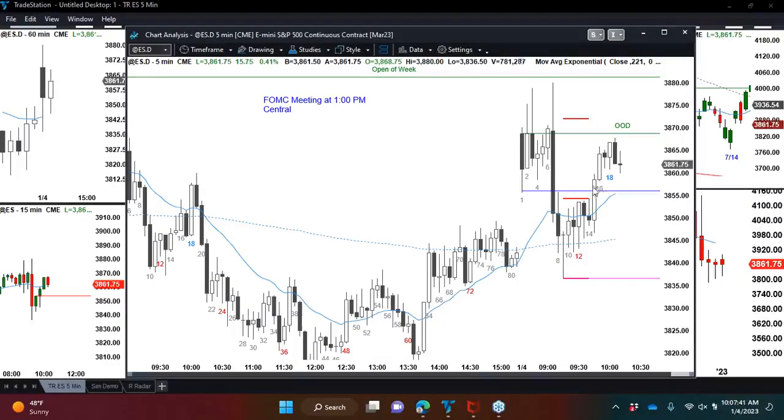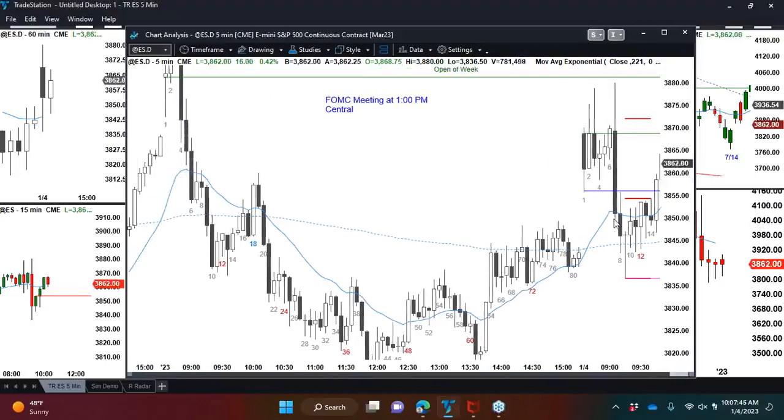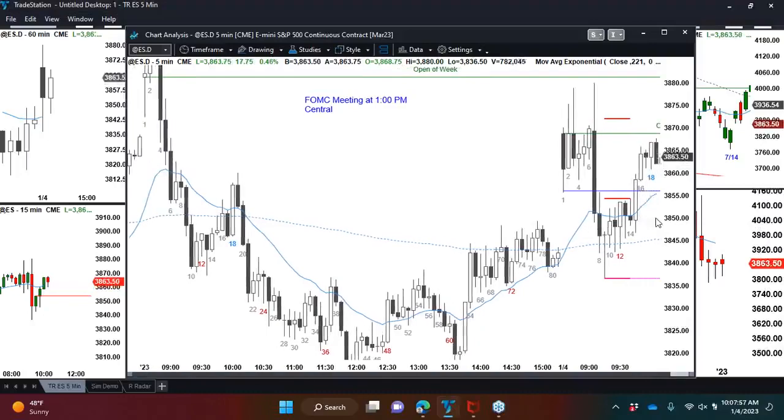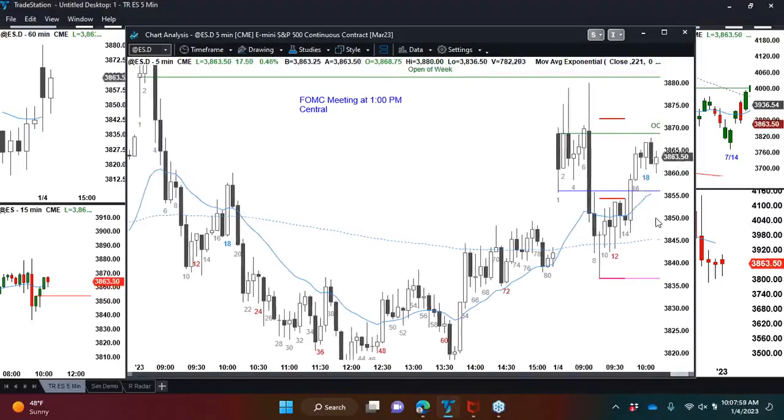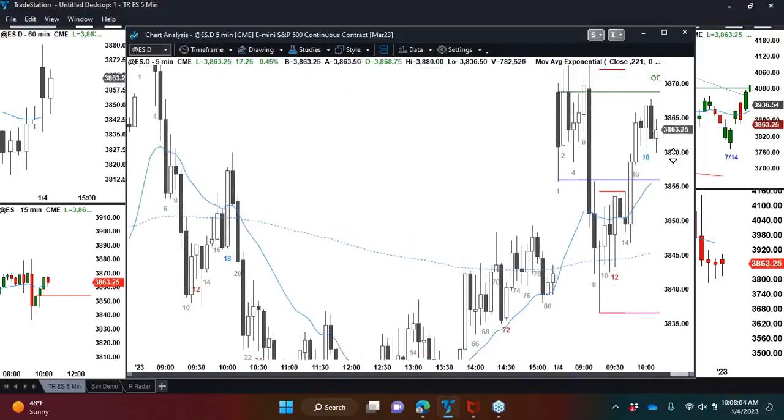There's also a reasonable 2 legs up here, so a possible second leg trap. So if that's the case, some bears would sell the close of 15 and they'd get trapped on 16. So what are they going to do here? Well, look what happened. See if I can show this right.